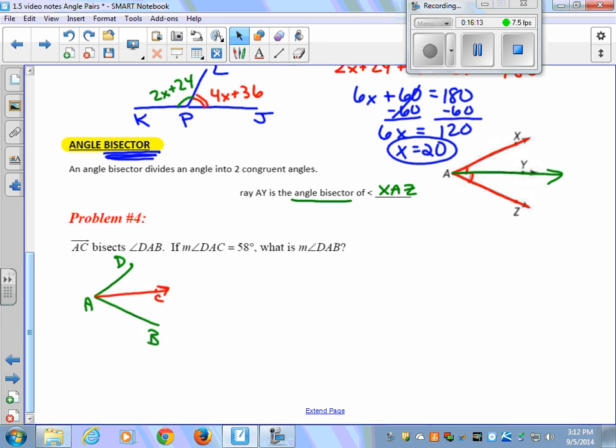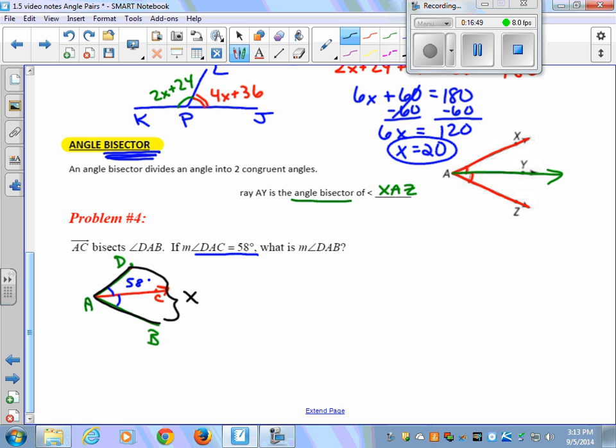So therefore, we know this is cut into two congruent angles, and the measure of angle DAC is 58, and we need to know the measure of angle DAB. Read carefully now. They're asking us for the entire angle here, angle DAB. So they want to know what this whole thing is. I'm going to call that x because that's what we're looking for.